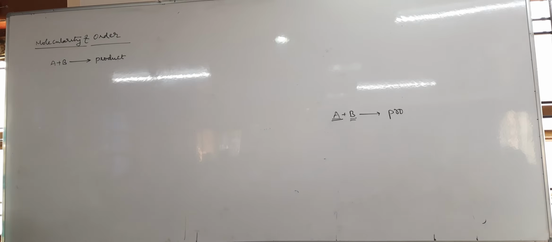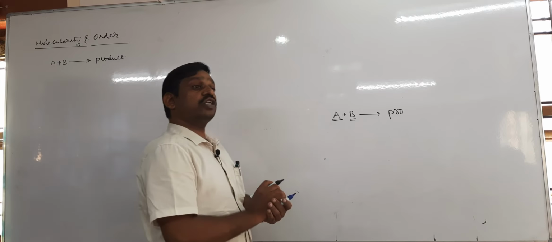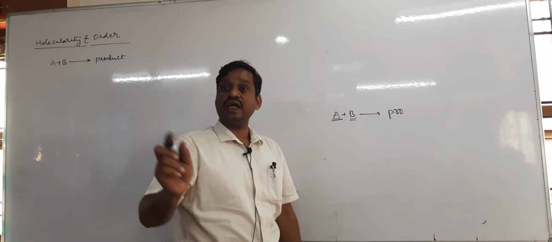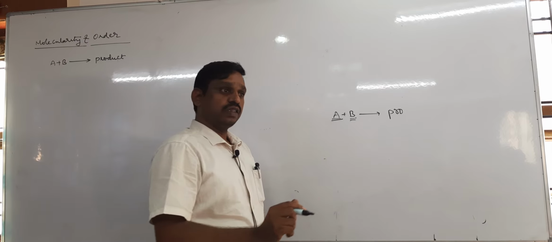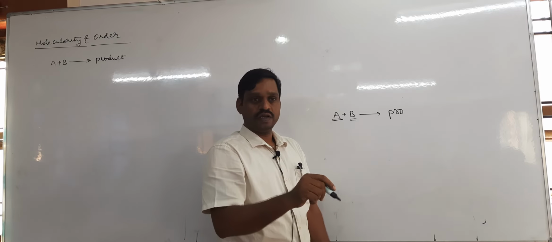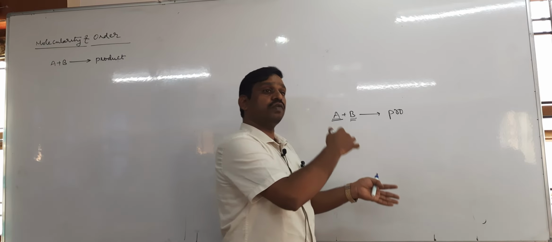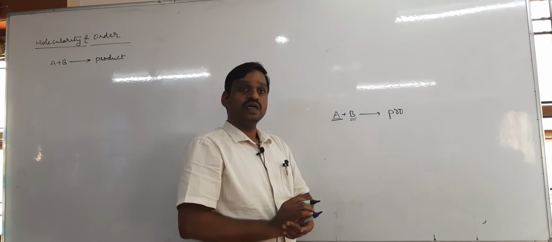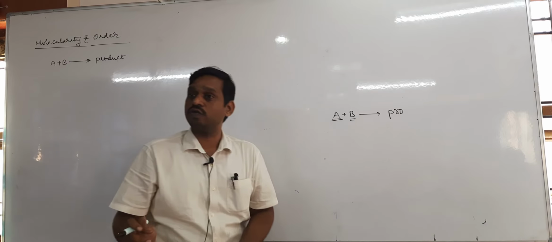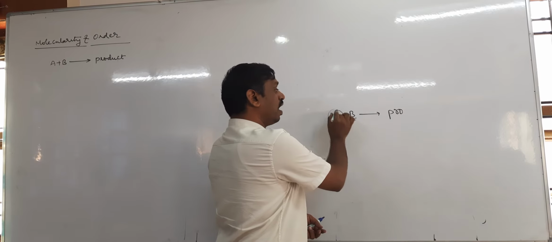So all the collisions do not give the product. Which collision gives the product? The collision between the active molecules, that is, activated molecules, those having energy greater than the threshold energy. Those reactant molecules convert into product. The molecules having energy greater than threshold energy are called activated molecules.